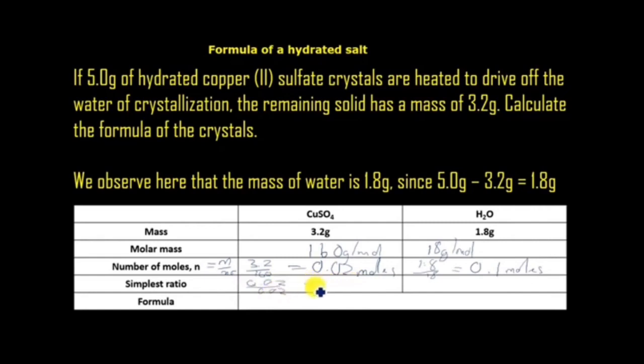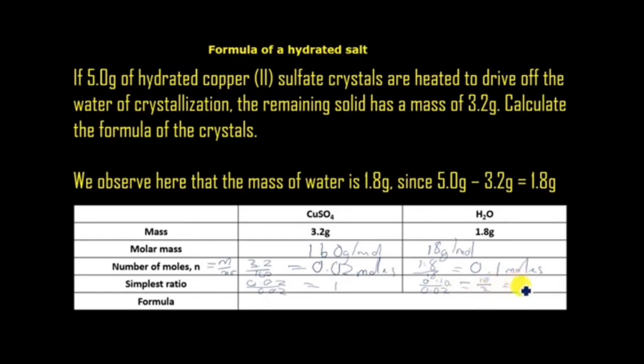And we divide this side, 0.1 over 0.02. Or we can also put it simply like this. Since the denominator has 2 decimal places, we multiply both the denominator and numerator by 100. So it will be 10 over 2, giving us 5.